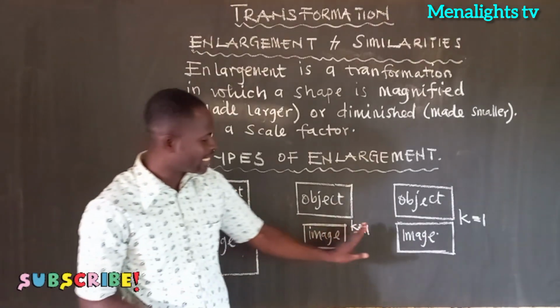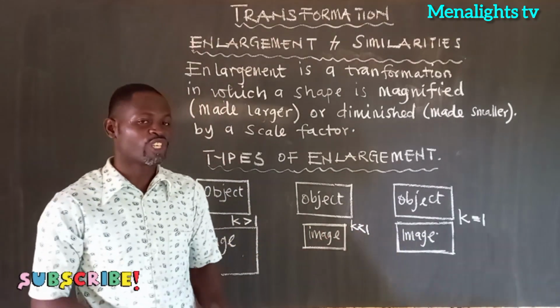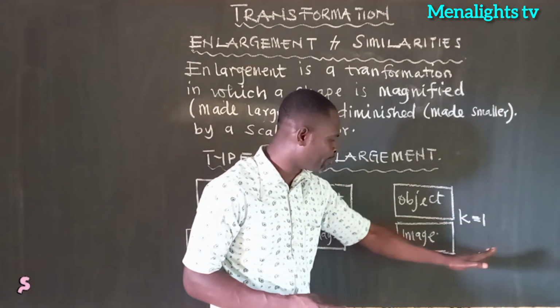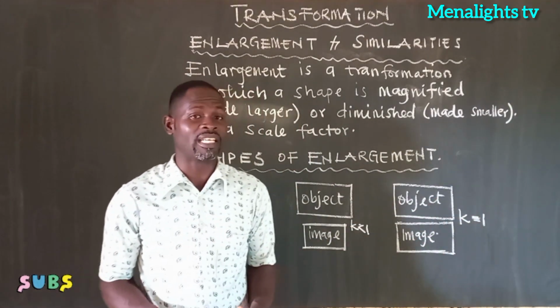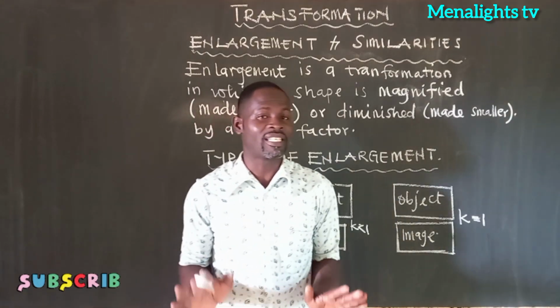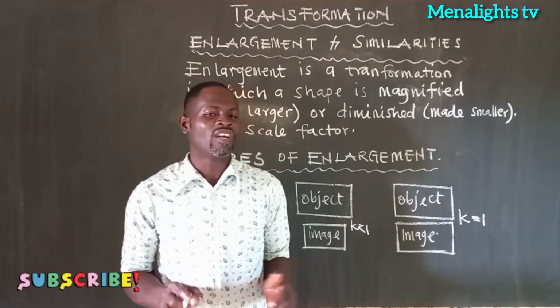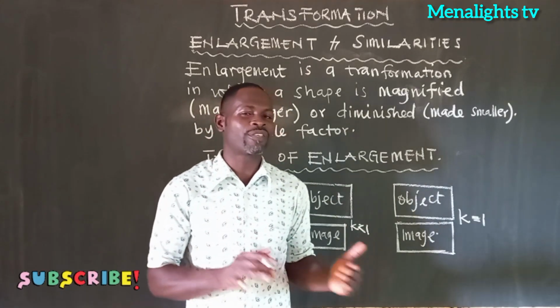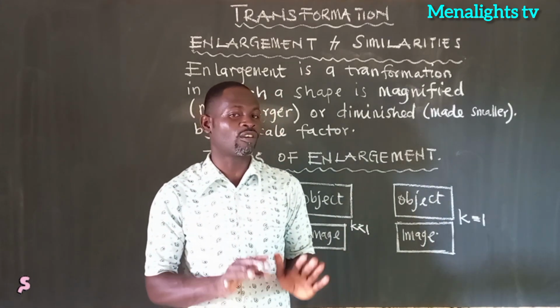If the scale factor is less than 1, the image is smaller than the object. If the scale factor is equal to 1, the image and the object have the same size. If the scale factor is negative, the image is formed on the opposite side of the object.